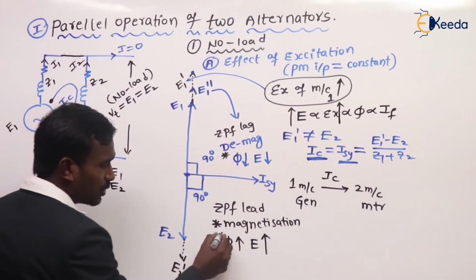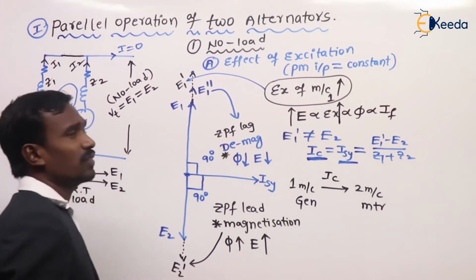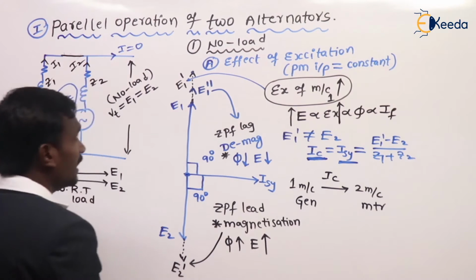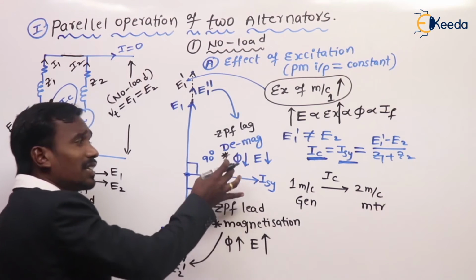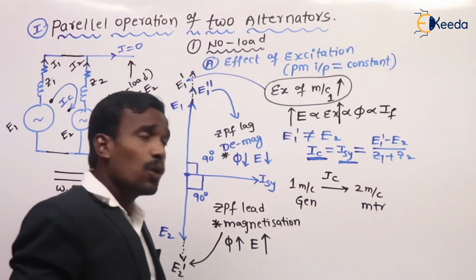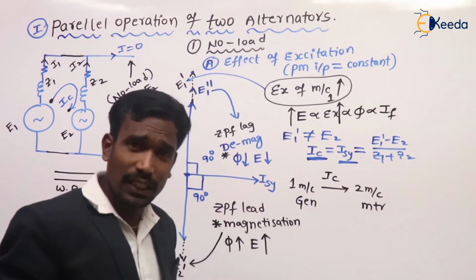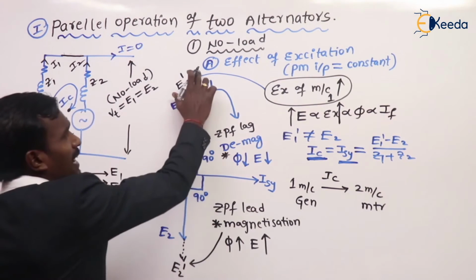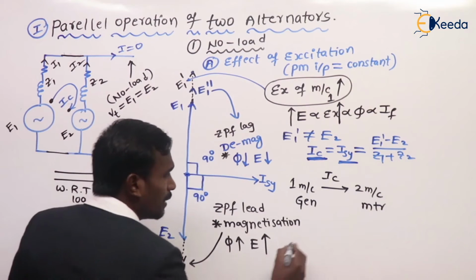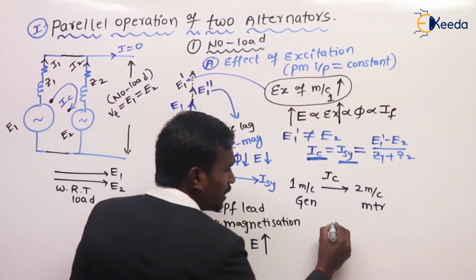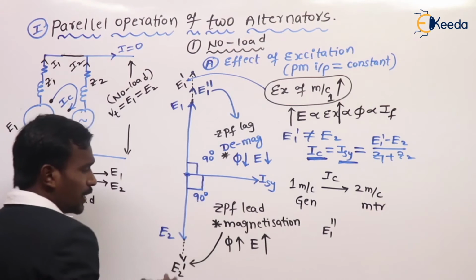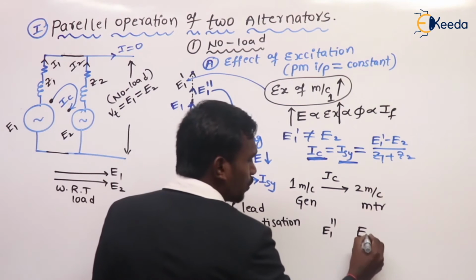E2 dash is due to magnetization. Now see here, when this ISY comes into picture, E1 dash becomes E1 double dash, and E2 becomes E2 dash.